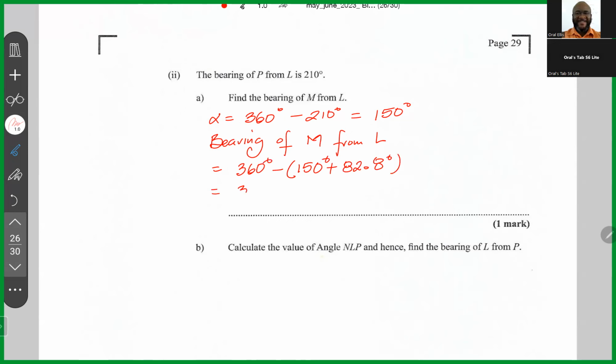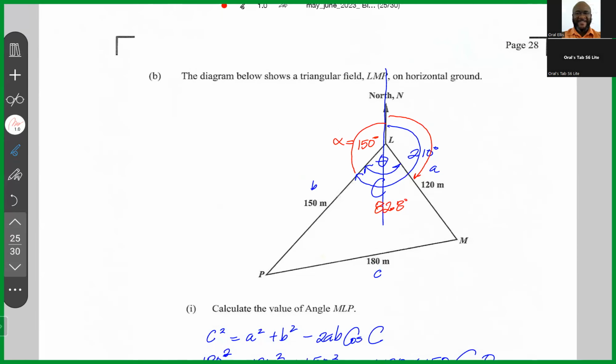This is equal to 360 minus 232.8. And this is approximately 127 degrees. The bearing of M from L, that's this red line here, is 127 degrees. That red arc there is 127 degrees.